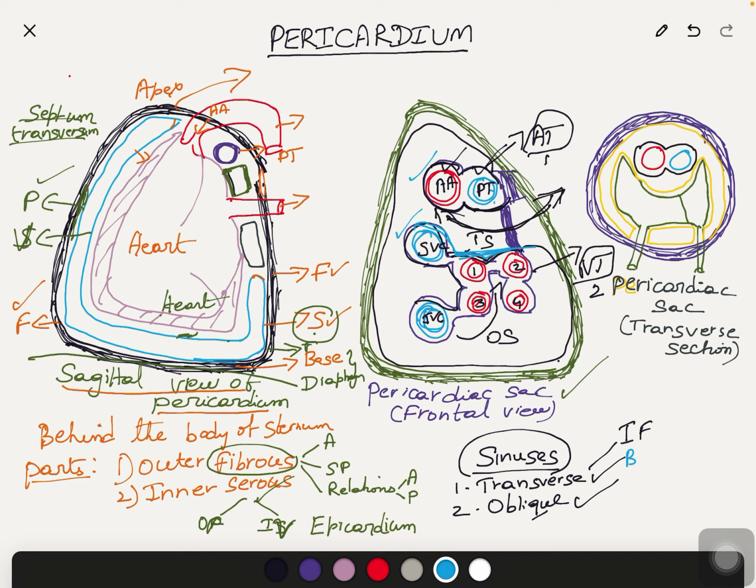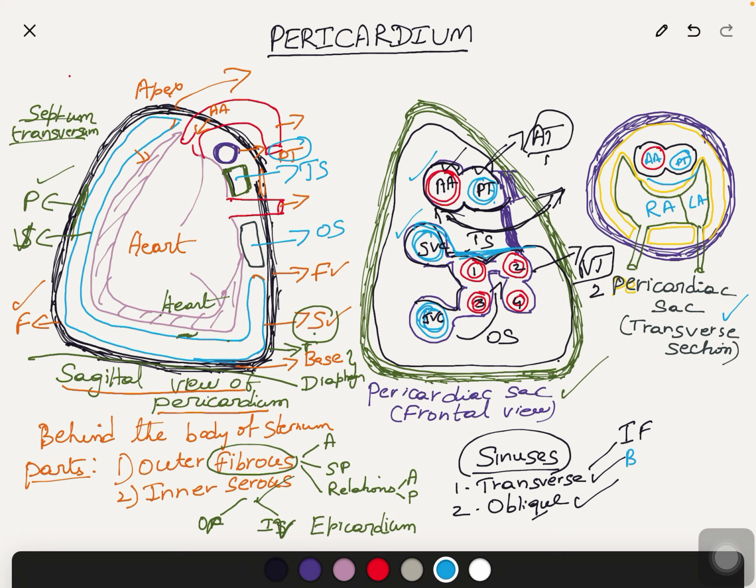Now above and below, in this diagram, this is the transverse sinus and this is the oblique sinus. Above the transverse sinus is the bifurcation of the pulmonary trunk, and below is the upper surface of the left atrium. We will see this in this picture also, the transverse section of the pericardial sac. This is the right atrium, this is the left atrium, and this is the ascending aorta and pulmonary trunk.